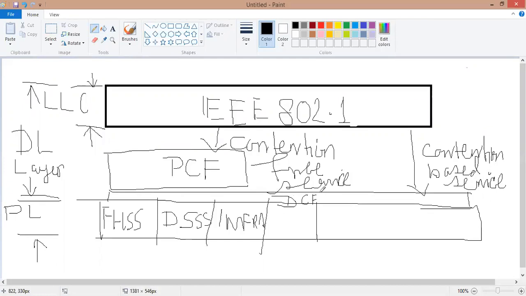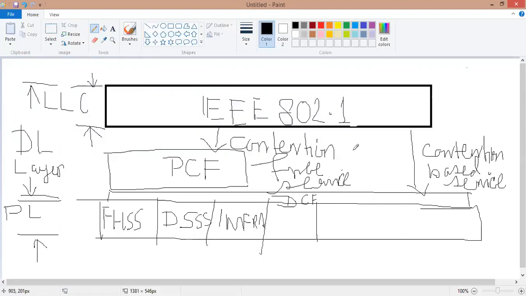When I want to draw the MAC layers in the IEEE 802.11 standard, there is one physical layer, one data link layer. At the upper level, it is the logical link control sublayer.